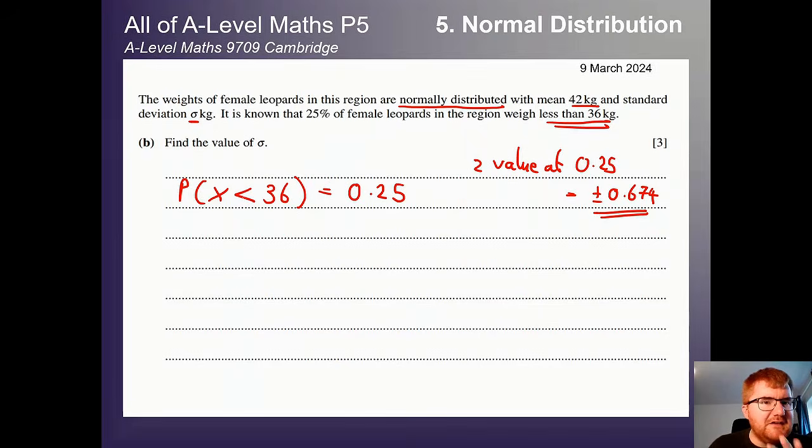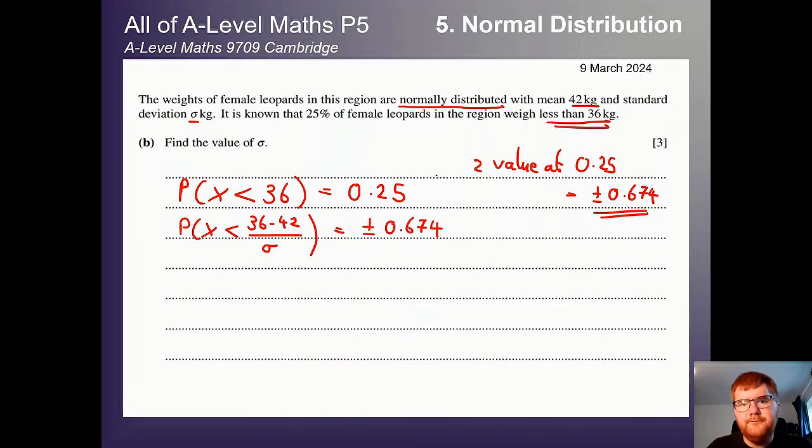Of course, we have to standardize the left hand side here. So if we standardize this, we have 36 minus the mean, which is 42, divided by the standard deviation, which we don't know. And this is going to equal plus or minus 0.674. So if we do this, we get minus 6 over the standard deviation.